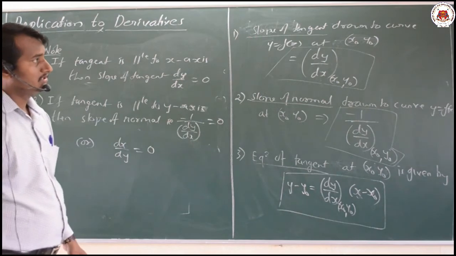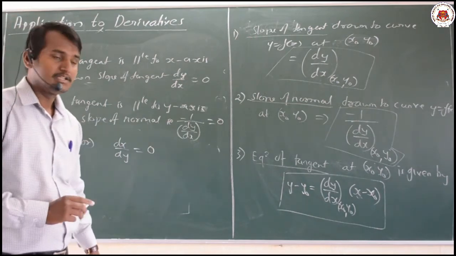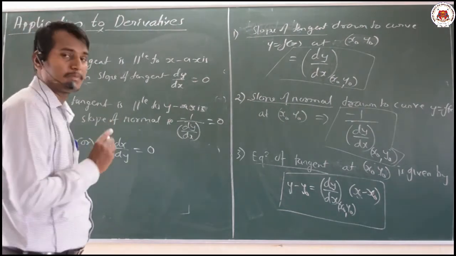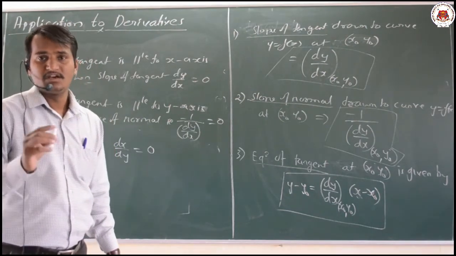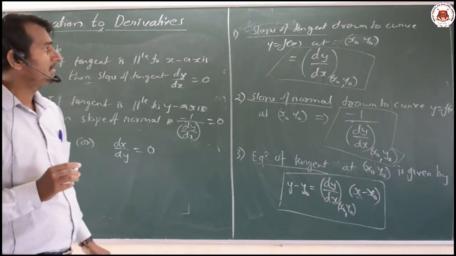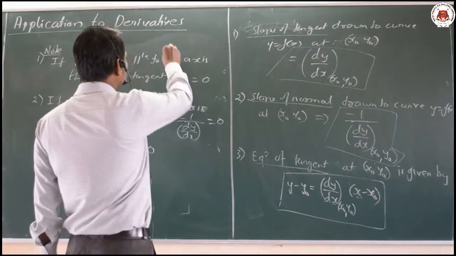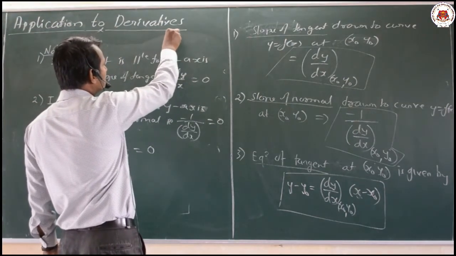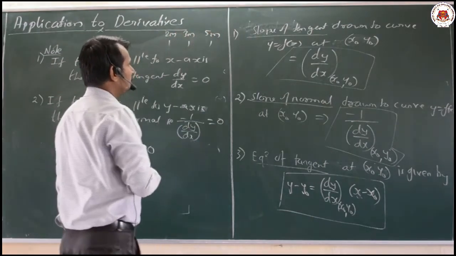Okay, dear students, these are all the basic necessities of our topic, tangents and normal. Now we shall start with simple problems related to this chapter. In this application of derivatives chapter, there will be compulsorily one 2-mark question, one 3-mark question, and one 5-mark question.